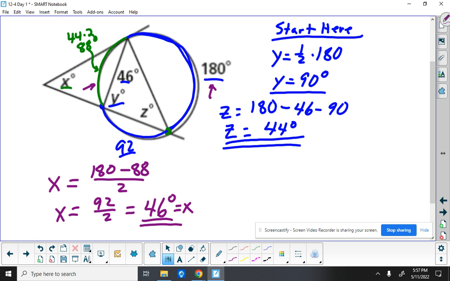In this particular one, I was trying to find x, y, and z. Here's my x, there's z, and there's y.